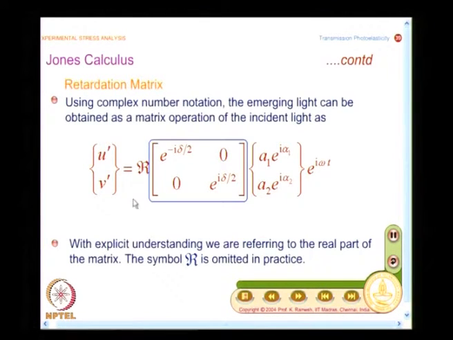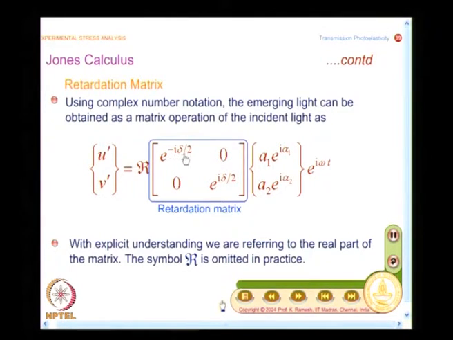So, what I have here is u prime v prime, which is equal to, we take the real part of, e power minus i delta by 2, 0, 0 and e power i delta by 2. And why do I have e power minus i delta by 2 here?